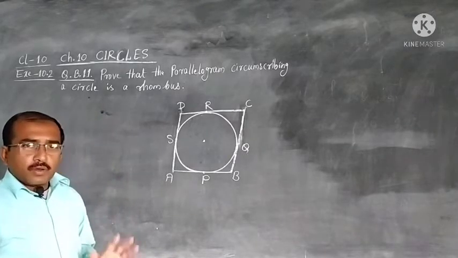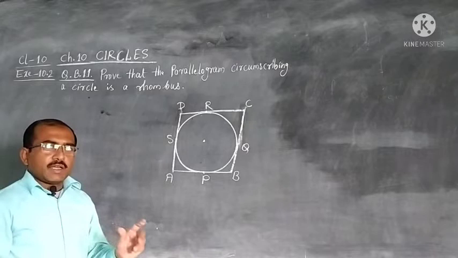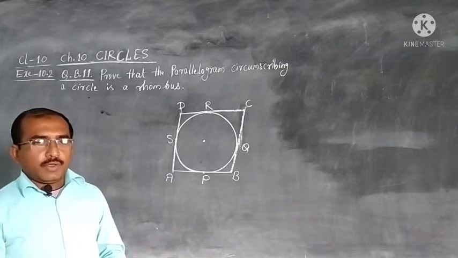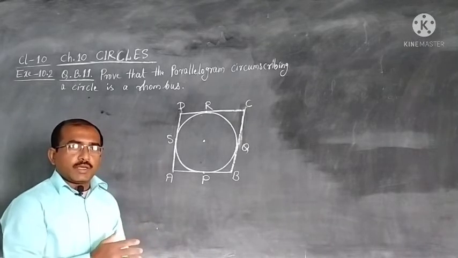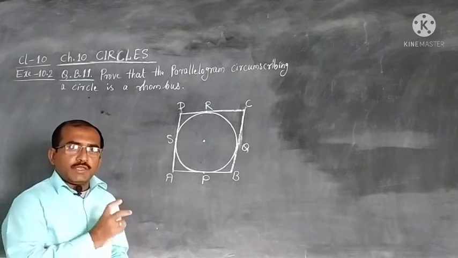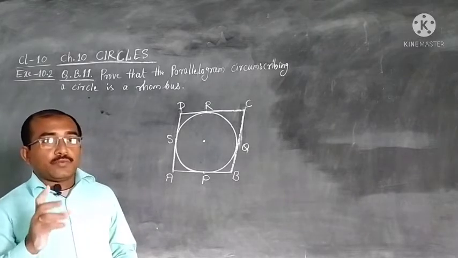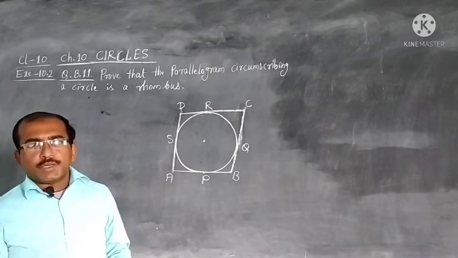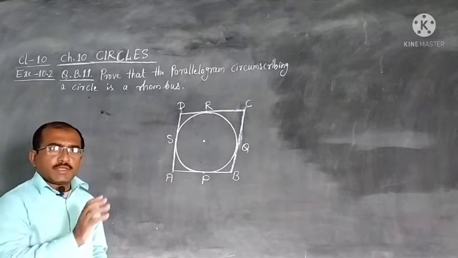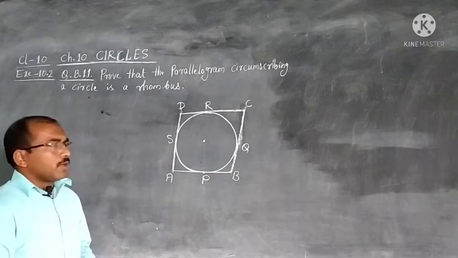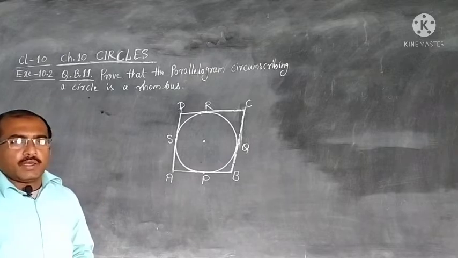It is a simple question, but in geometry, in every solution, the solution comes in an easy way only when we remind ourselves of all the properties. So let us start with the property of a parallelogram, that opposite sides are parallel and equal.